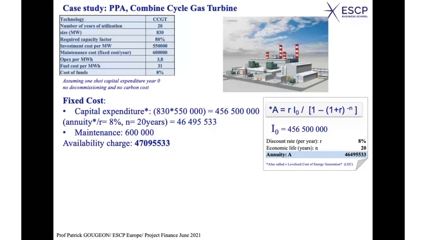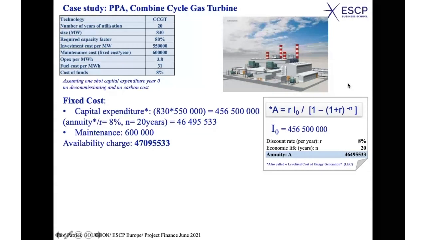Okay, so I provide you with the formula which you have seen in corporate finance. Let's assume that the rate is 8%. Spending today 456,500,000 is equivalent to having this charge on a yearly basis. It would be exactly the case if you wanted to use a leasing financing tool to finance your plant.